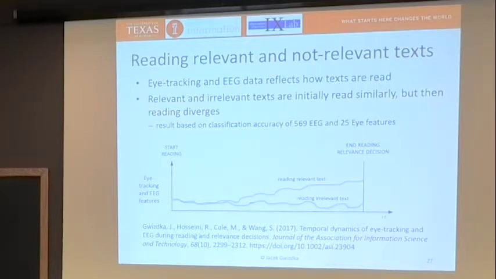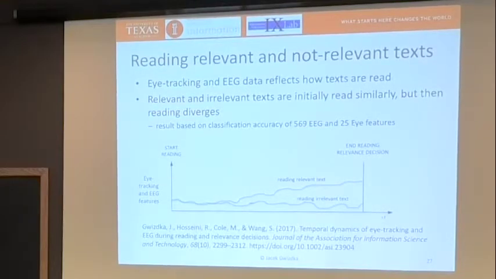And this shows, in an abstract way, a difference in reading when people continue reading irrelevant text, which is here at the bottom, and relevant text. And the classification accuracy, even just with eye tracking, gets pretty high, on the order of 90%, at the point when they are reading relevant words.